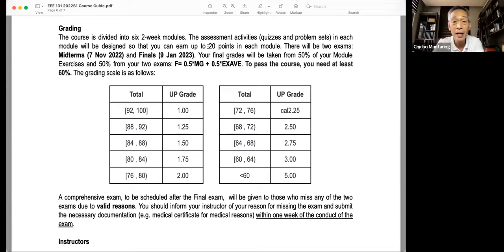Okay? And that is going to form 50% of your grade. And then the other 50% of your grade is going to be the average of your midterm and your final exam. And the passing for the course is going to be 60.